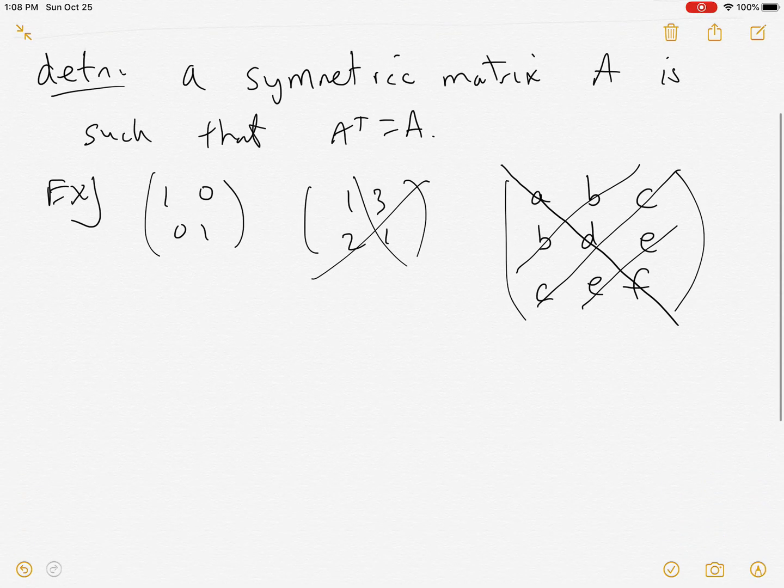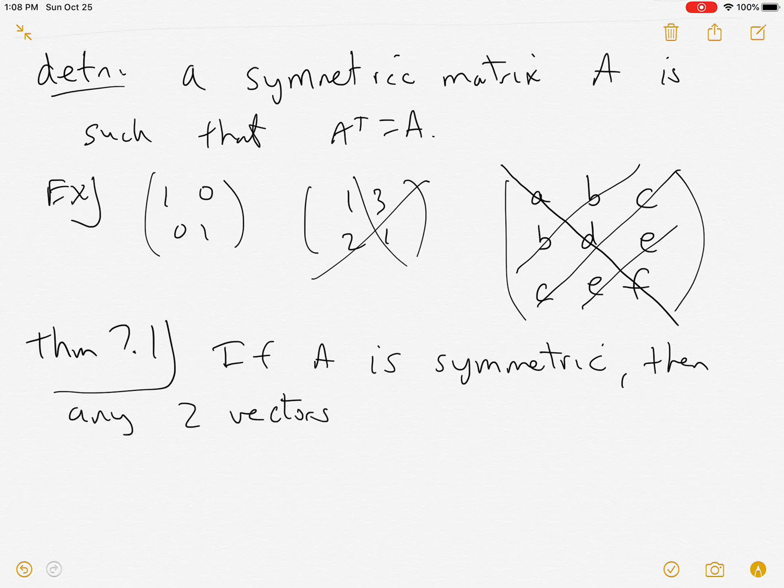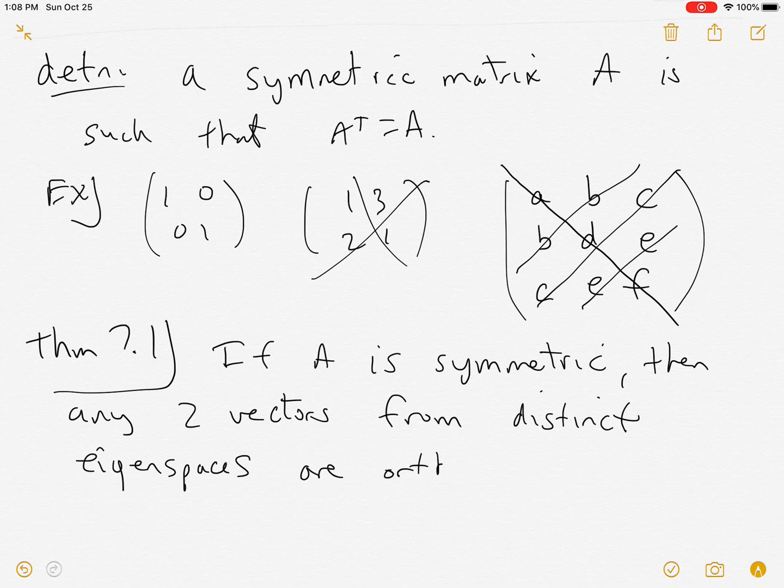Okay. And there's a series of really powerful theorems in this section that we use over and over again. So if A is symmetric, then any two vectors from distinct eigenspaces are orthogonal.